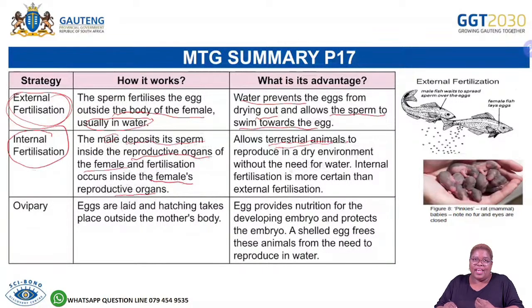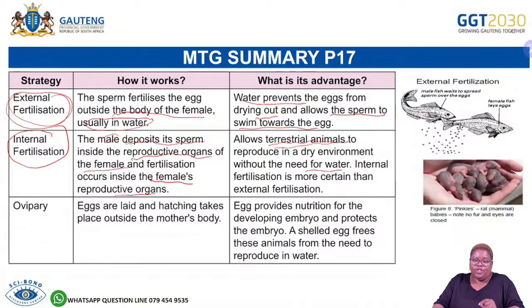Because with external, we gave an example of fish there, right? And then it allows terrestrial animals to reproduce in dry environment without the need of what? The need for water.